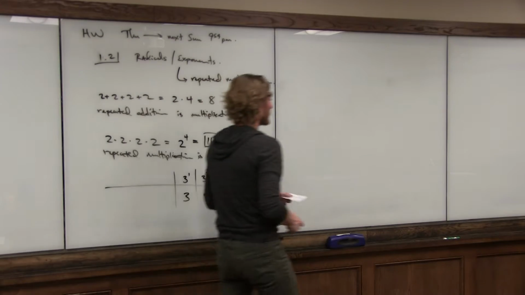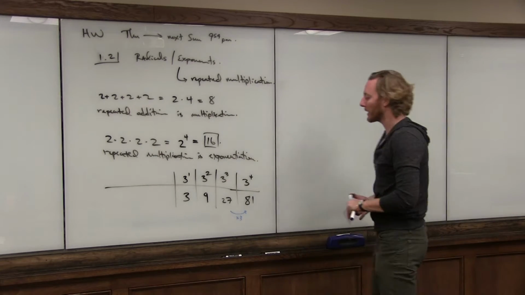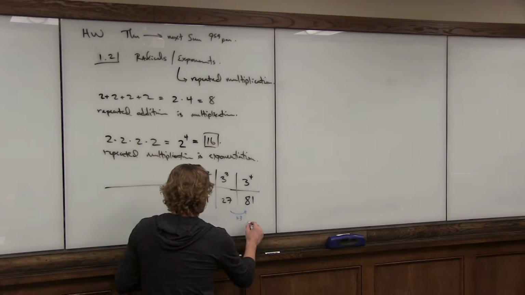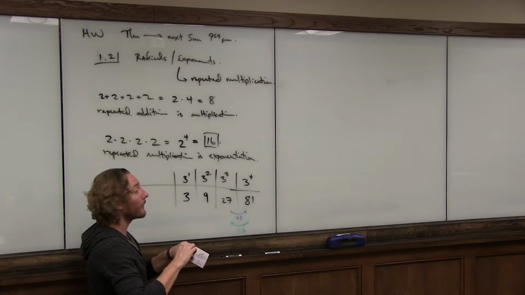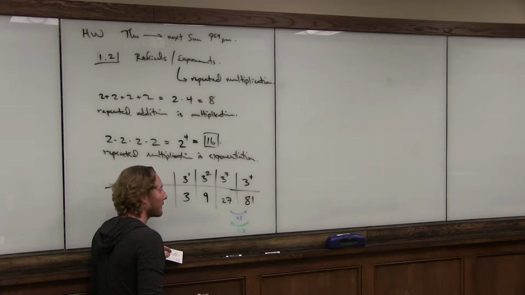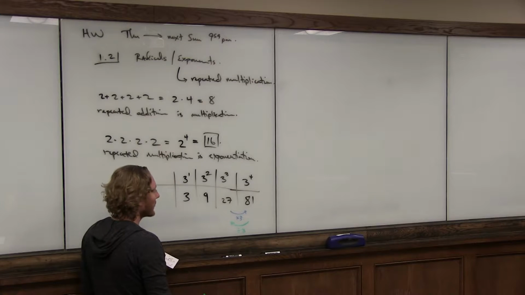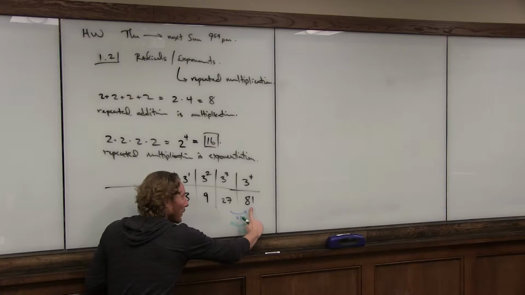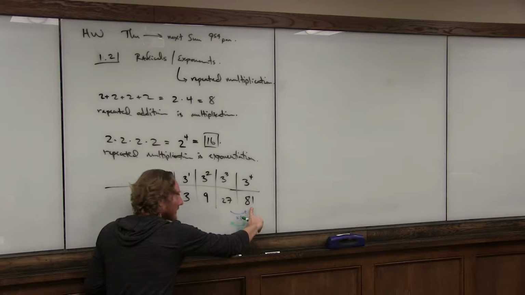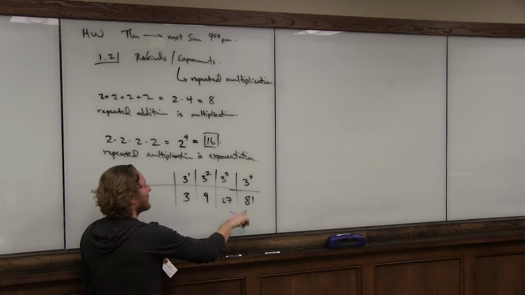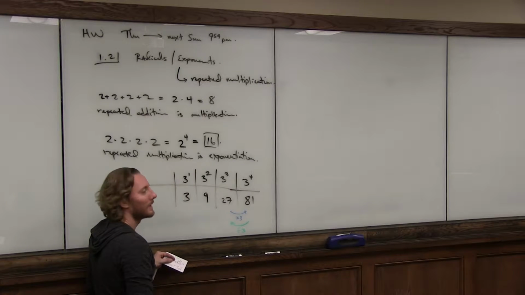Another way of thinking about this is that if you know what 3 to the 4th is, you can get to 3 to the 3rd by dividing away a 3. Division is just the inverse operation. It undoes multiplication. So if you know what 3 times itself 4 times is, you know what 3 times itself 3 times is by division.